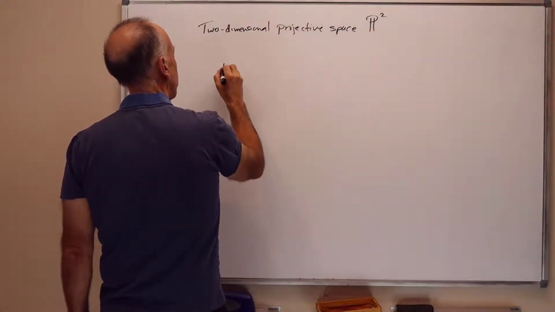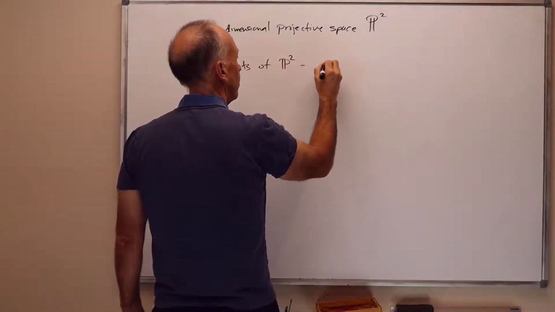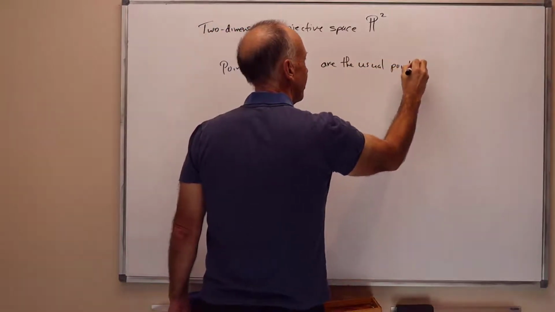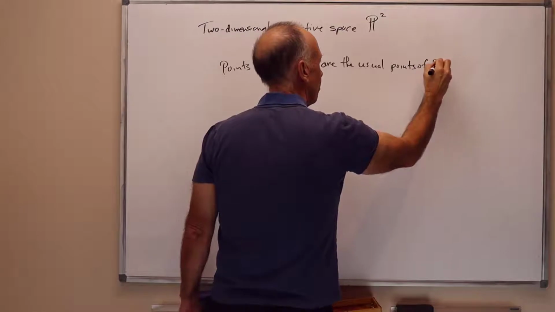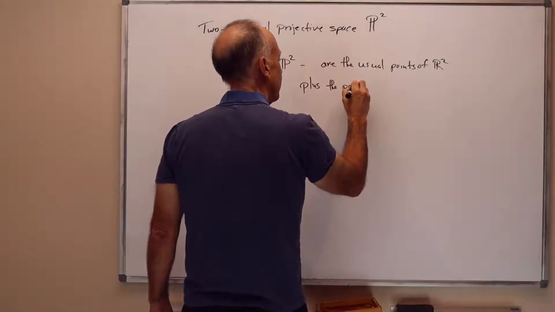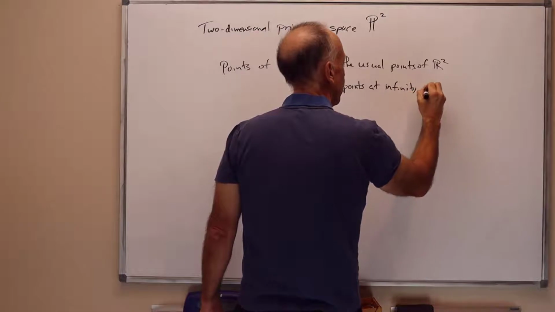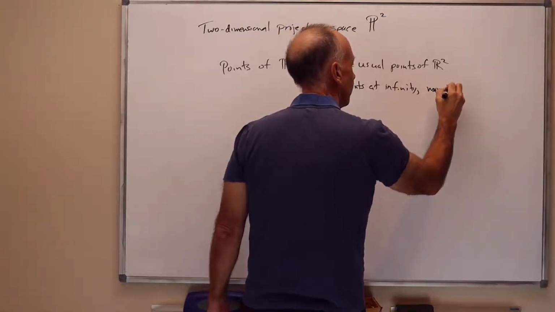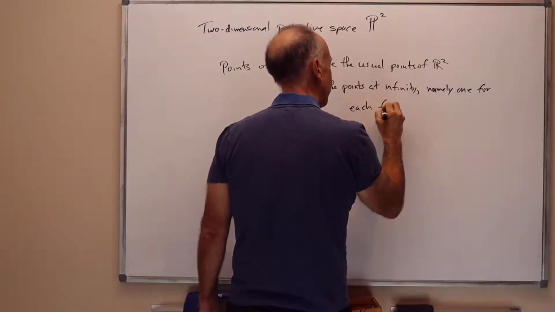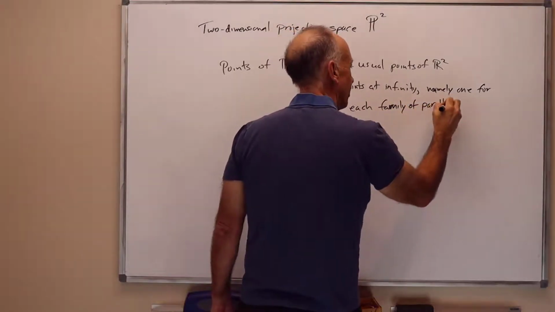And the points of P2 are the usual points of R2, the usual points in the plane, plus the points at infinity that we just discussed, namely one point at infinity for each family of parallel lines, or each maximal family of parallel lines.